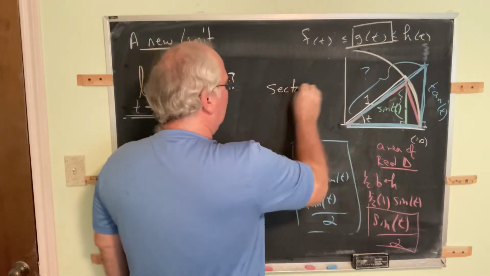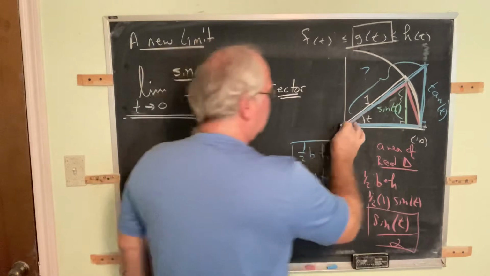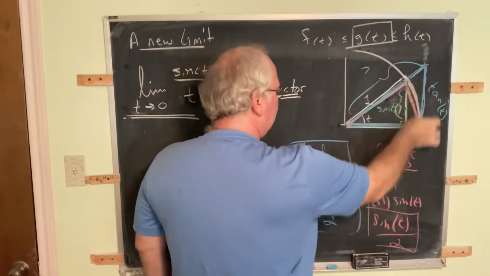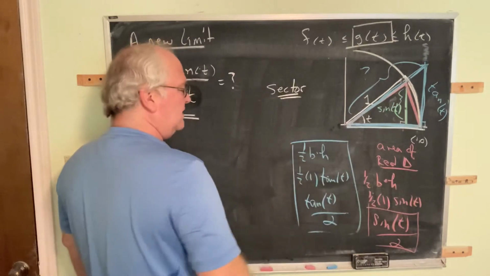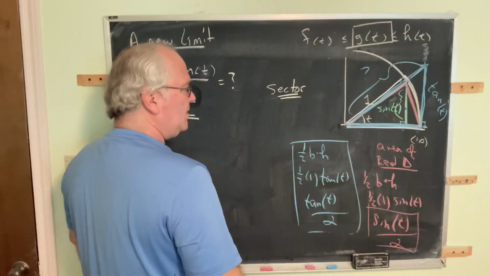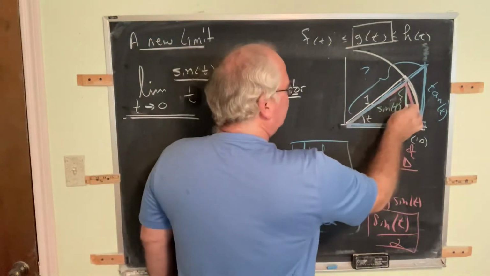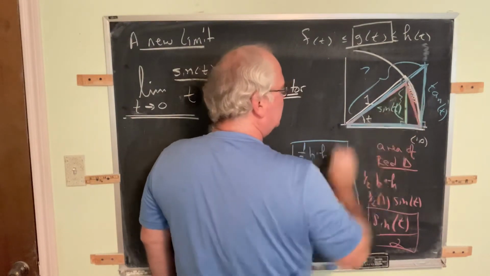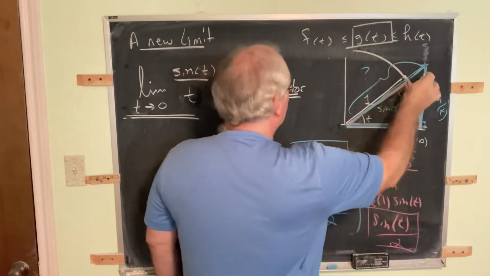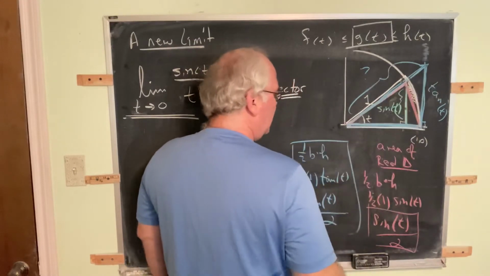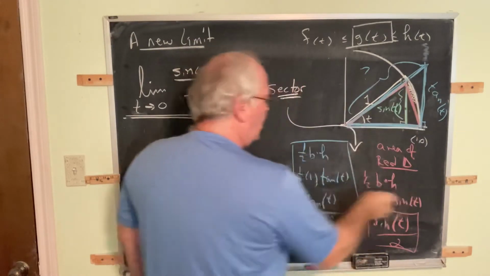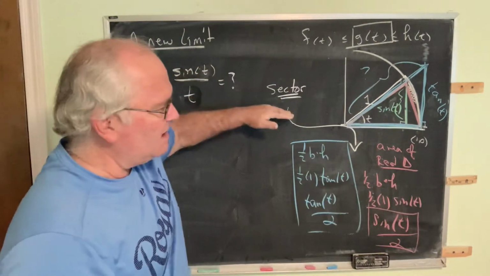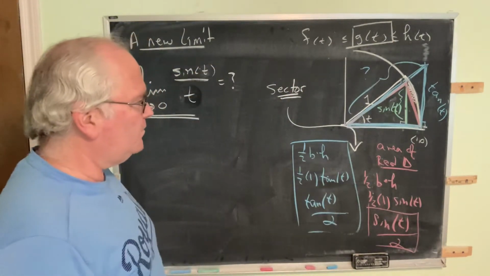A sector of a circle is bounded by radius, radius, and then the arc. The area of the sector is more than the red because it includes all this, but it's not as big as the blue. So the area of the sector falls in between the red and the blue.